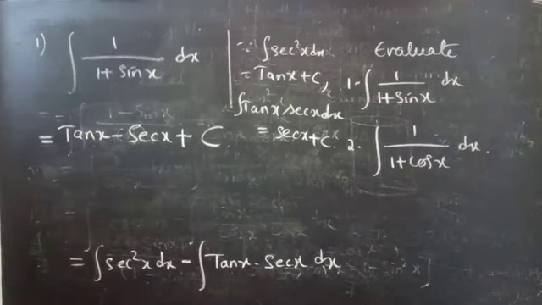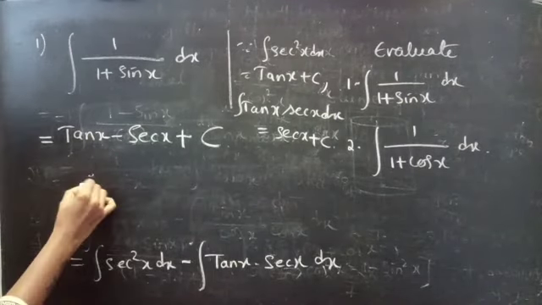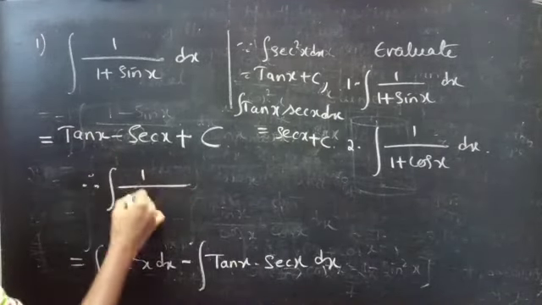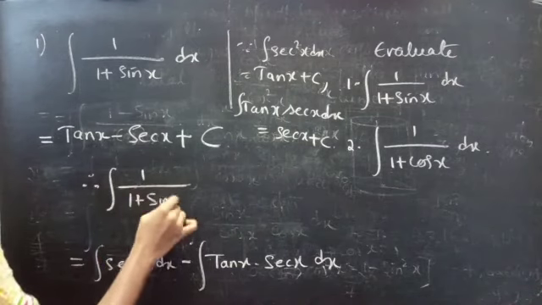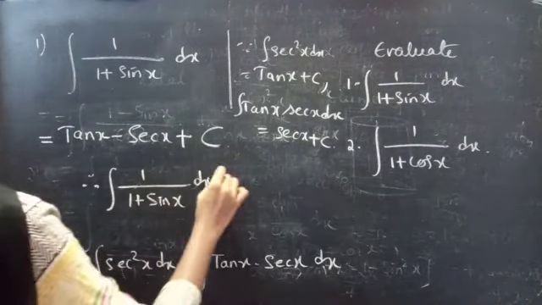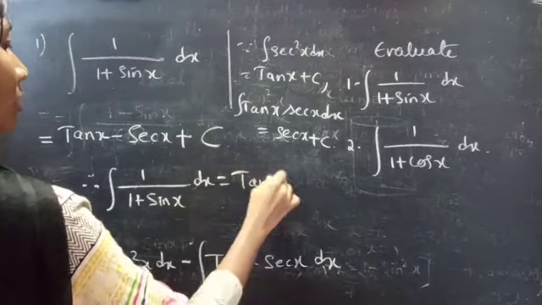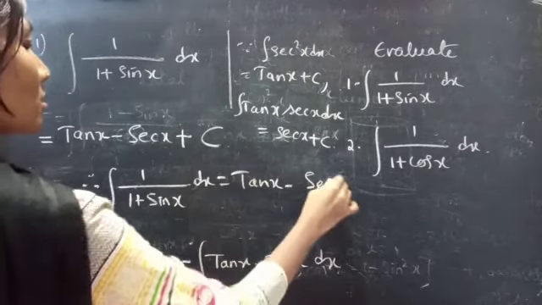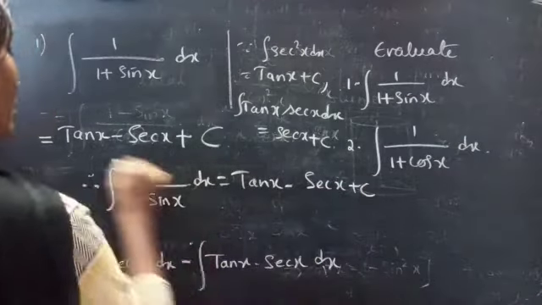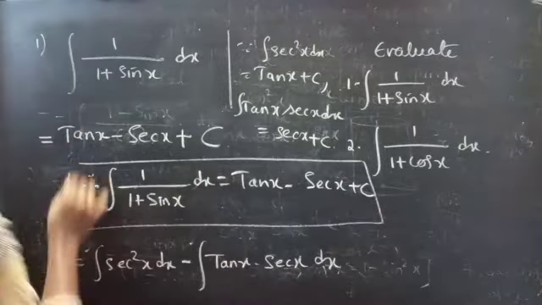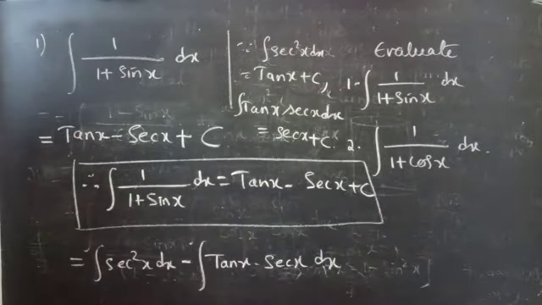Therefore the integral of 1 by 1 plus sin x dx equals tan x minus secant x plus c. This completes the first integral.